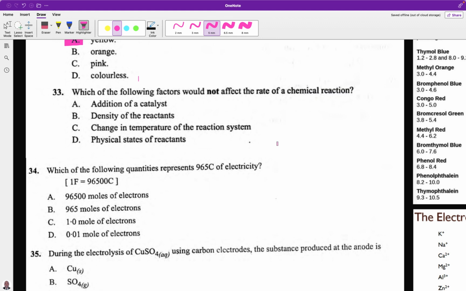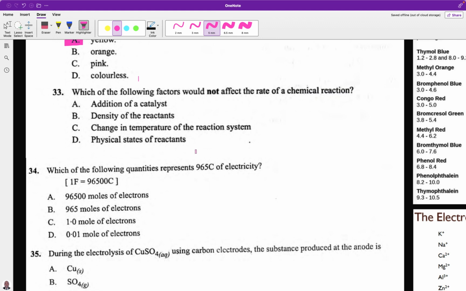For instance, let me say we are using calcium carbonate in lumps, in larger pieces, and calcium carbonate that has been ground to powder. The reaction with the one in powder is going to be faster than the one in the larger pieces.